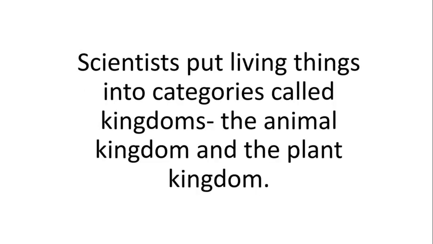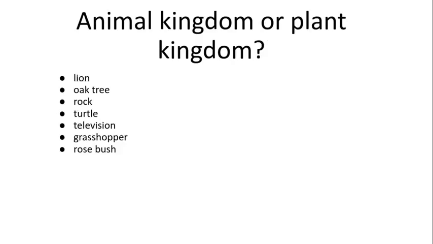So we have non-living things and we have living things. And then scientists put living things into categories called kingdoms. We have the animal kingdom and the plant kingdom. So let's look at some examples.